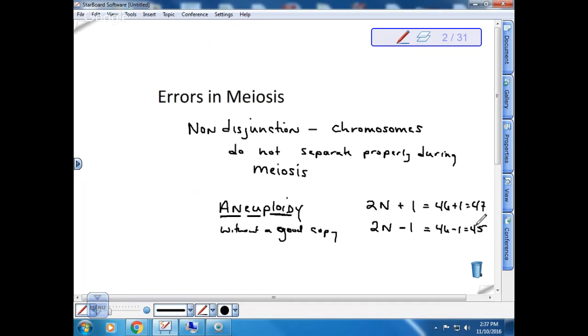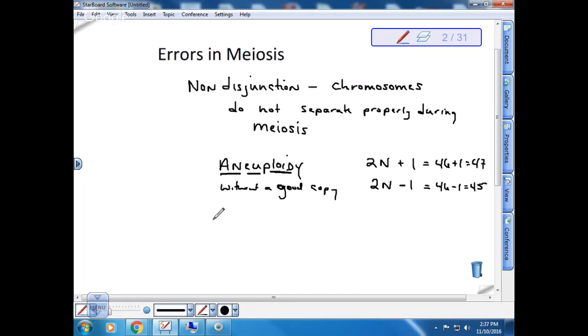Okay. So what is a trait that is due to an extra copy of a chromosome? Down syndrome, right? So we can look at Down syndrome. Does anybody know which chromosome you have an extra copy of? 21, right?